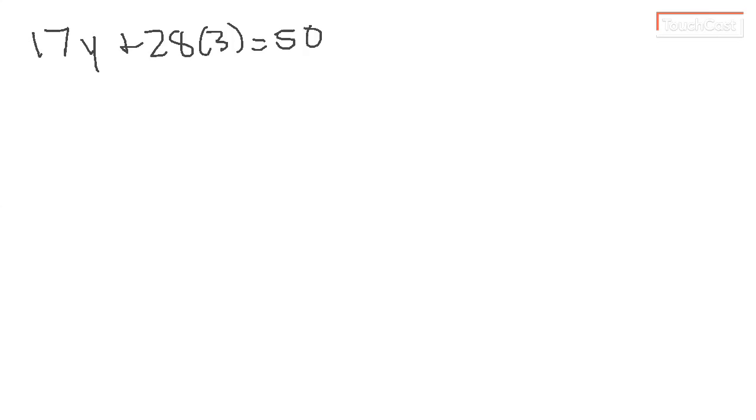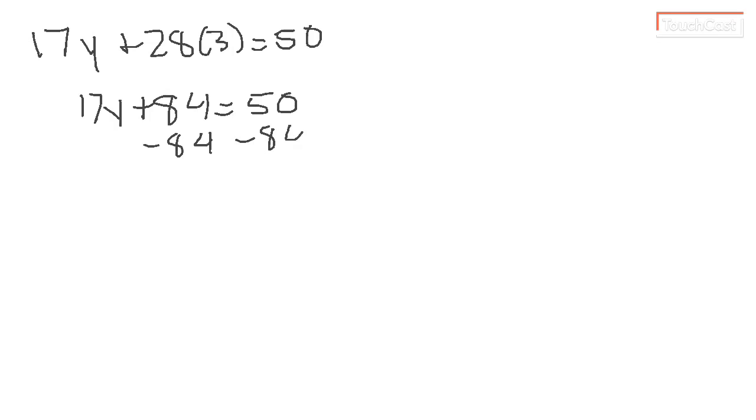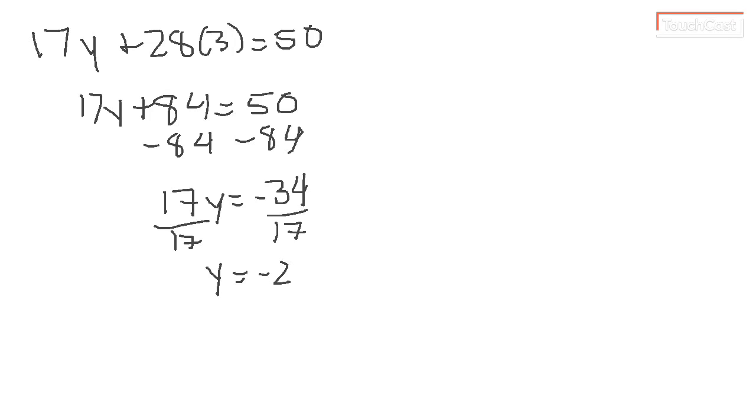And then I'm going to solve this for y. 28 times 3, that's 84. So we're going to have 17y plus 84 equals 50. So we'll subtract 84. 17y is going to equal negative 34. If we divide by 17, we're going to get y equals negative 2.